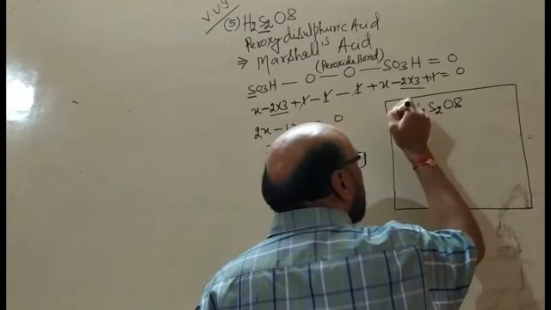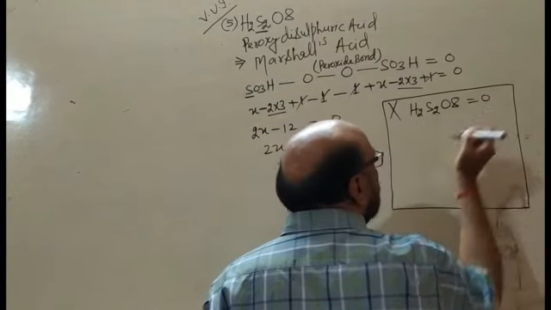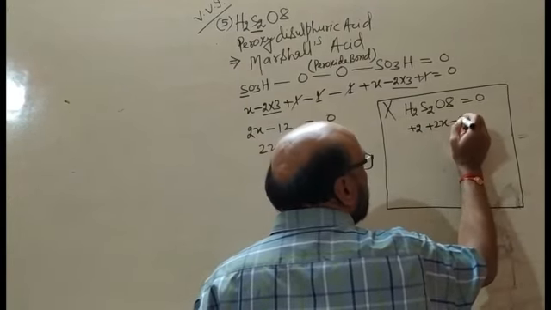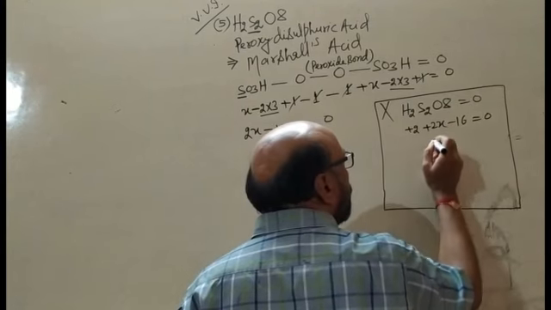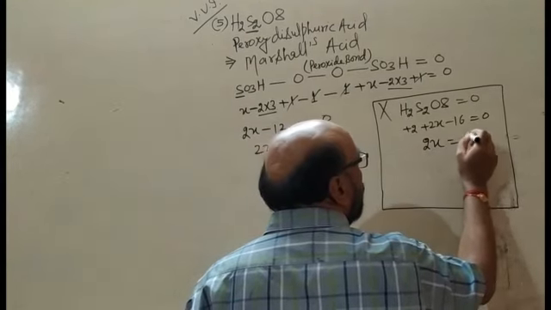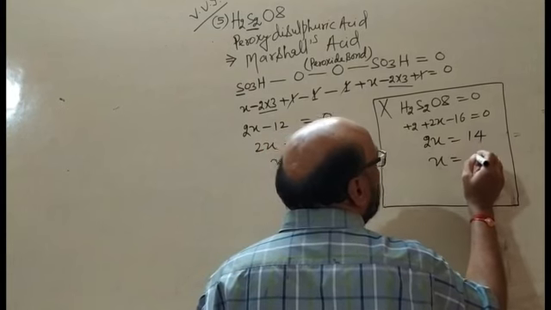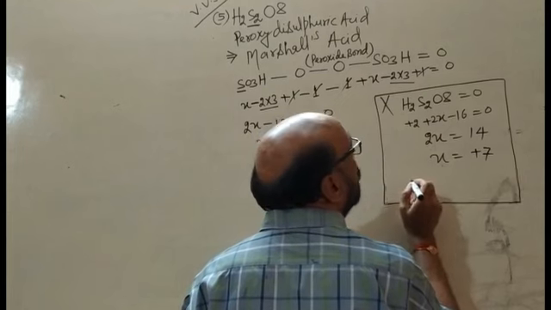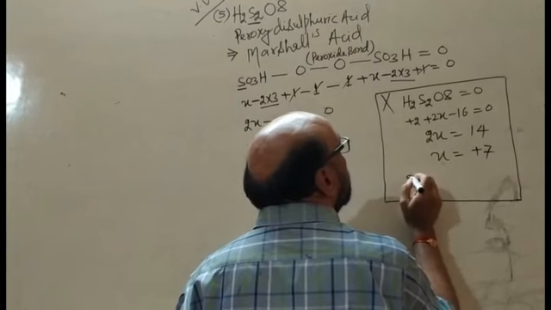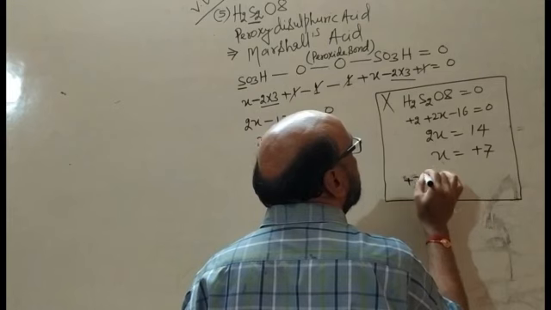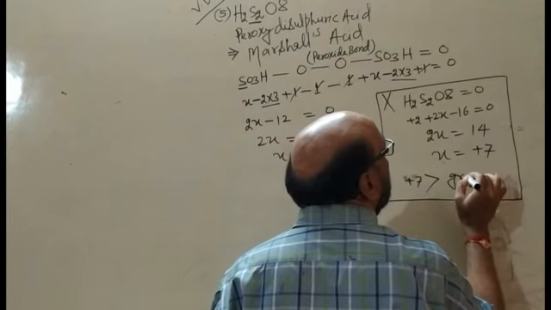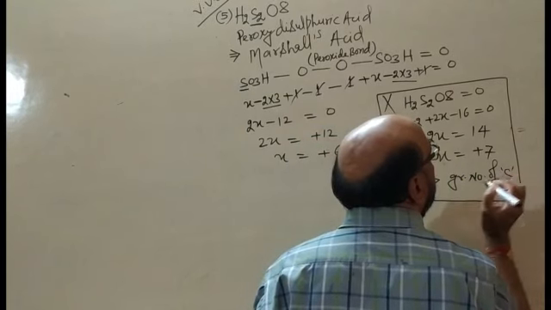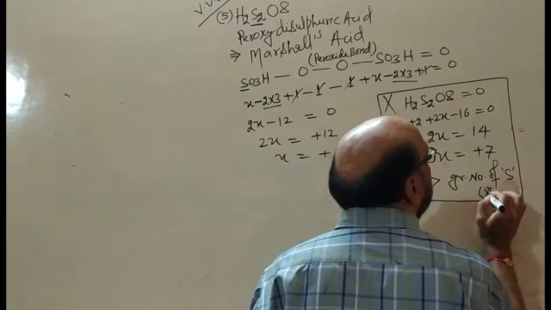H2S2O8: 0 = +2 + 2x - 16, 2x is equal to 14, x is equal to +7, which is greater than the group number of sulfur, which is 6A.